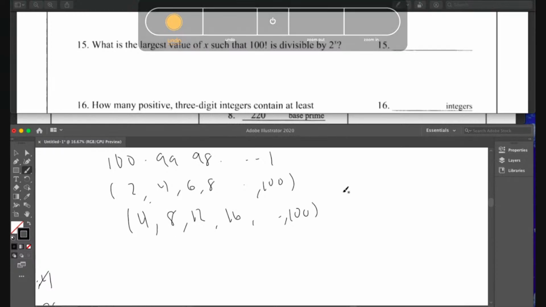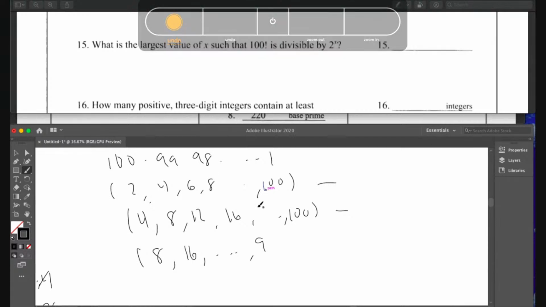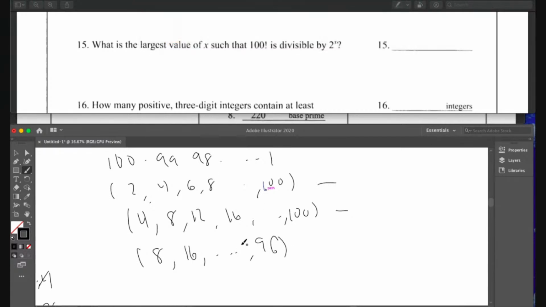We already counted it once in here, once in here. So what we can do again is list all the multiples of 8. This goes up to 96. And then we count all these again because they contribute 3 factors of 2.